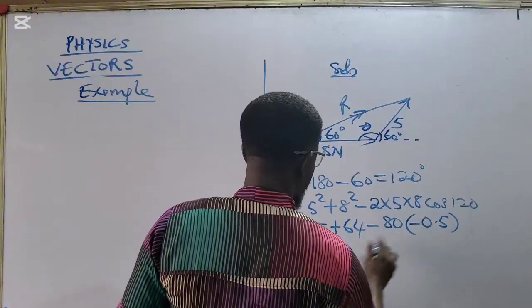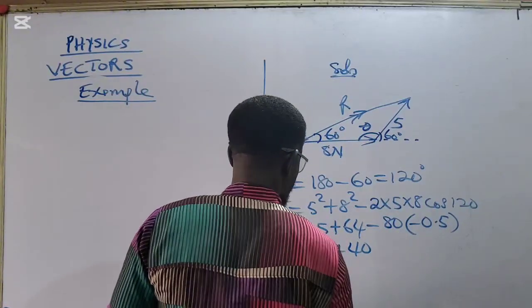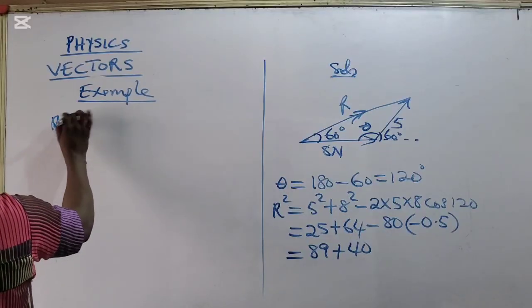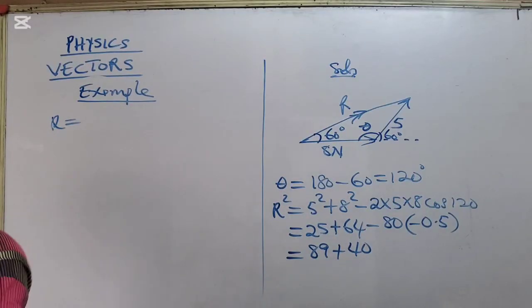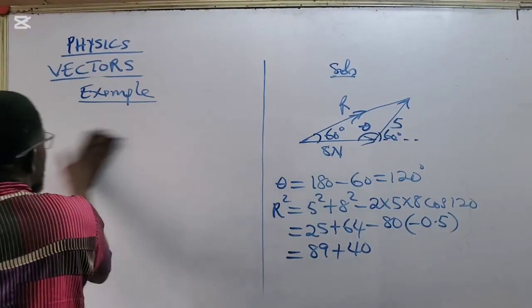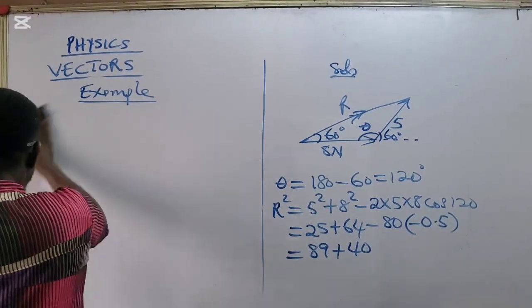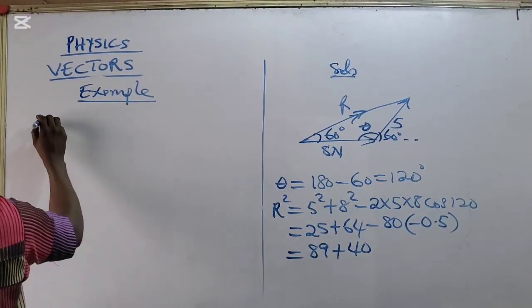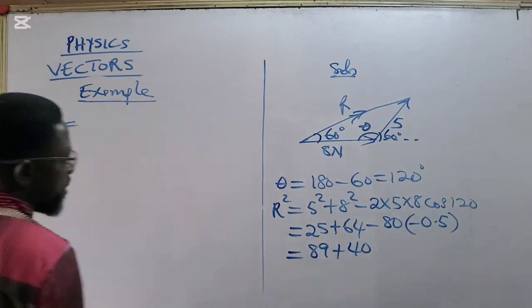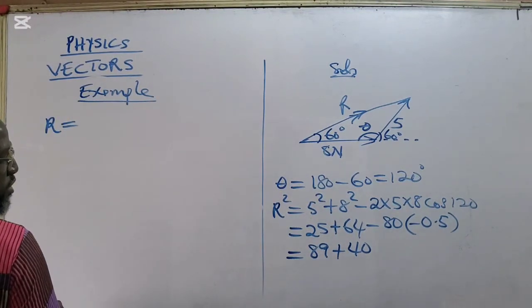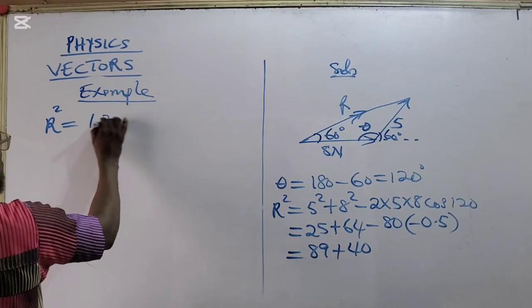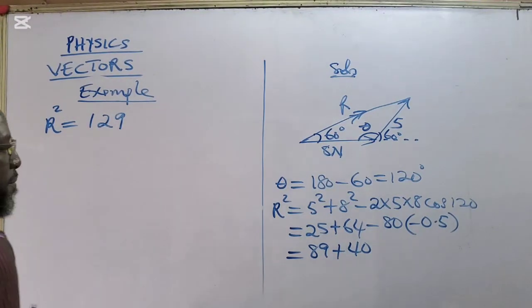If we multiply, this one will give us 40. Now we get R squared equal to 129.